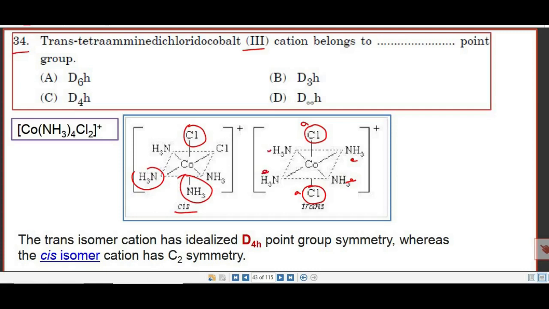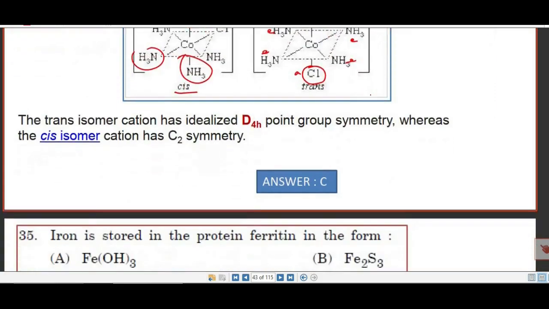In the trans compound, 2 Cl are in axial positions and 4 NH3 are in equatorial positions. For the 4 options they have given D, but here it is D4h. This is the correct answer. This is not D6h, because 4 groups are in equatorial, and D3h is also ruled out. D infinity h is for linear molecules, and this is not linear. So the point group is D4h.